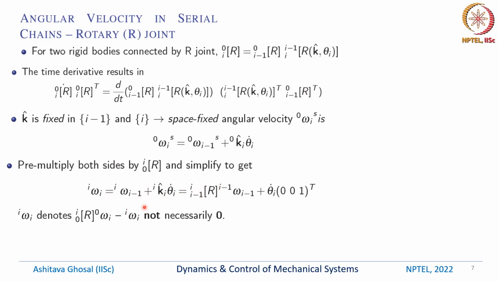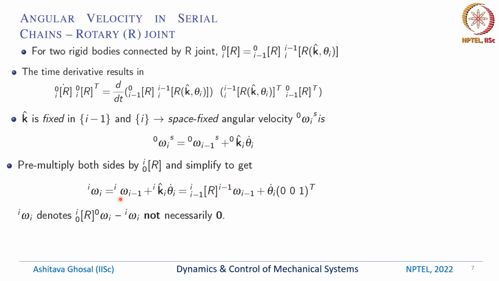So you pre-multiply this ^{i-1} omega_{i-1} with this rotation matrix, which is basically i-1 with respect to the ith coordinate system. Remember, we are going from i-1 to i, but this is telling you the rotation matrix of i-1 with respect to the next coordinate system. So we will get this.